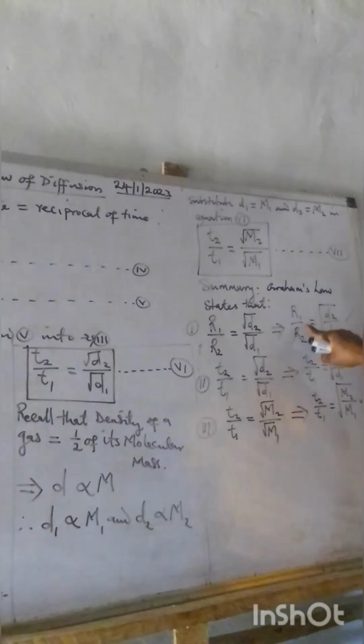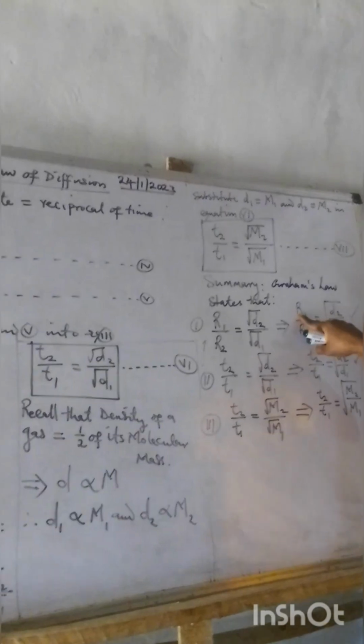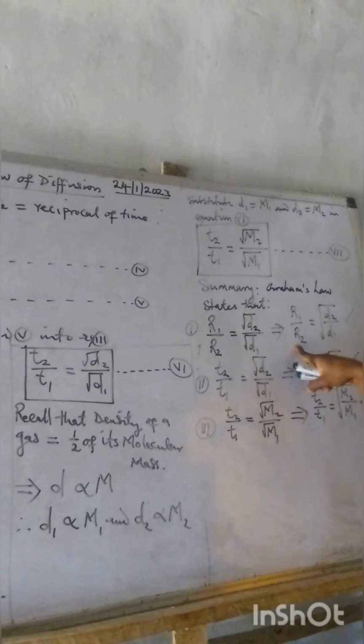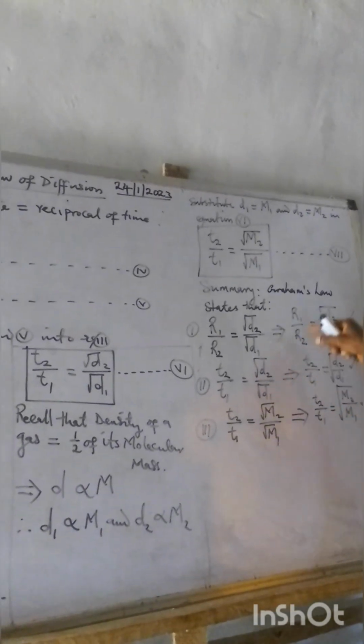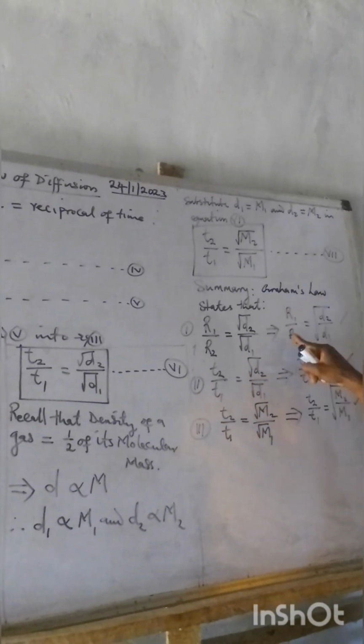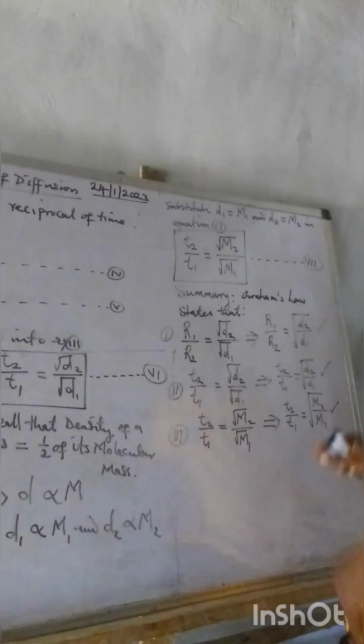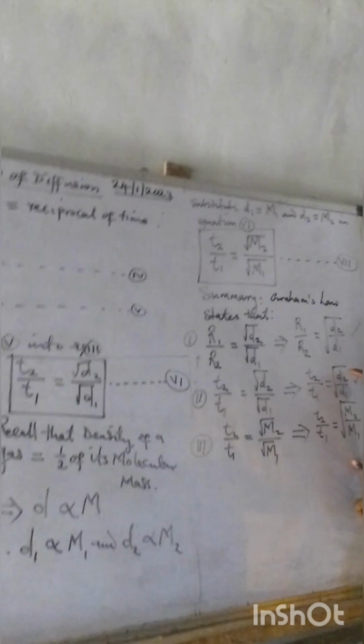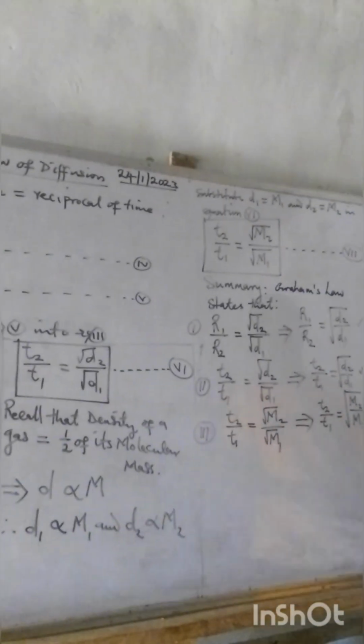From here, you can change R1 to T2 and R2 to T1. That is just the change here. And here you just change the density to molecular mass.